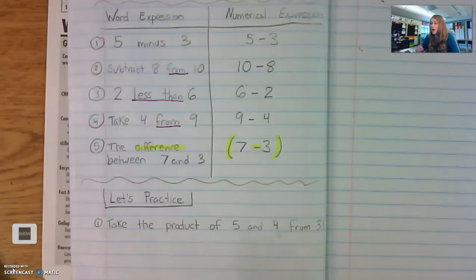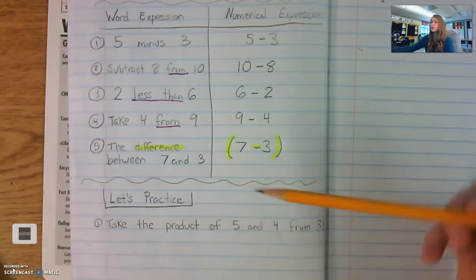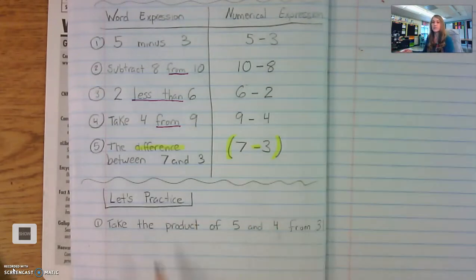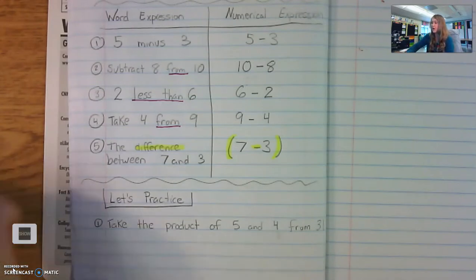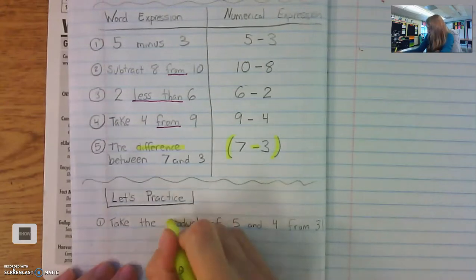All right, our first example is here. If you need to pause the video to write this down before moving on, please do so. Our problem says take the product of 5 and 4 from 31. So we're going to use our chart to help us figure out how to write this subtraction portion of the simple expression. Now, we already see product.